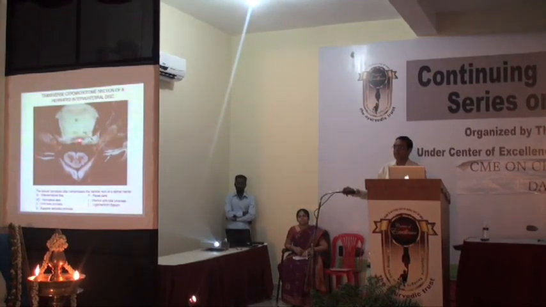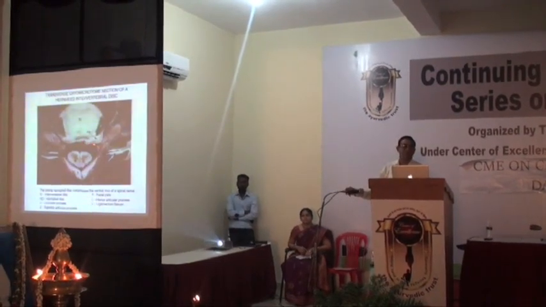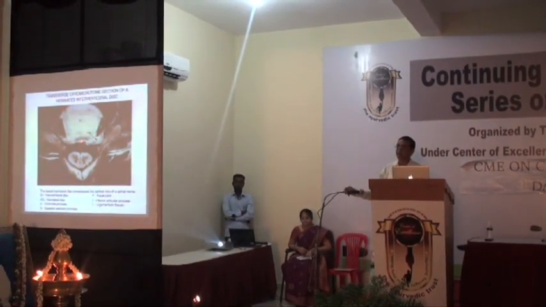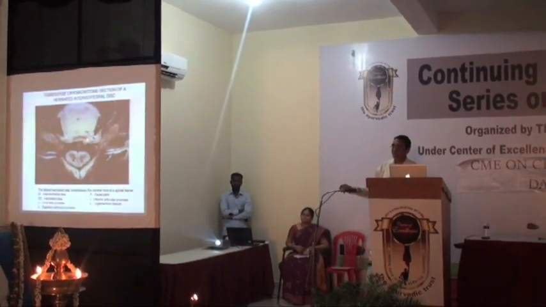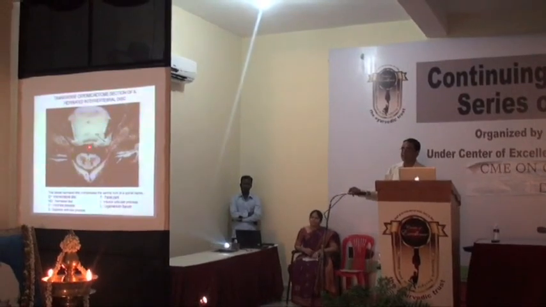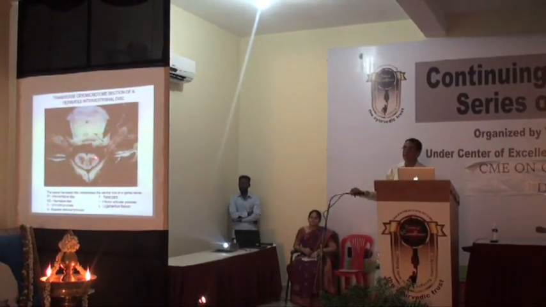The same bulge can take place here, in which case if it is a slight bulge there may not be much of a problem because there is a gap between the spinal cord and the intervertebral disc. Whereas if the bulge becomes really large and starts compressing here, that is when it starts producing symptoms. Whereas actually the ganglions are lying only here. There is this epidural tissue and all that.